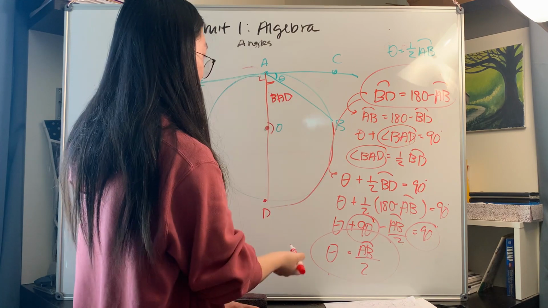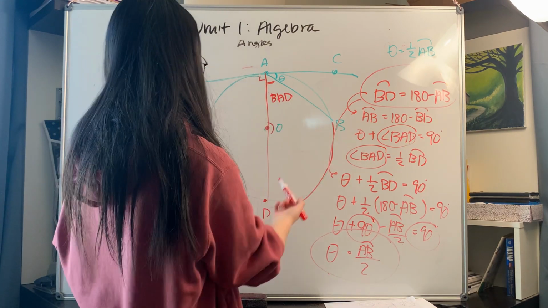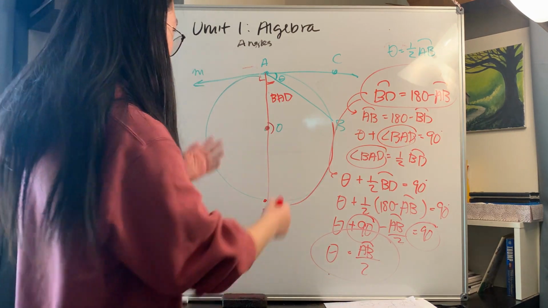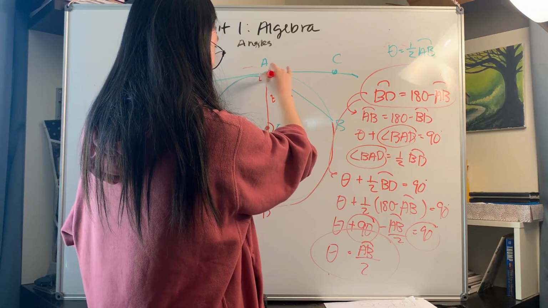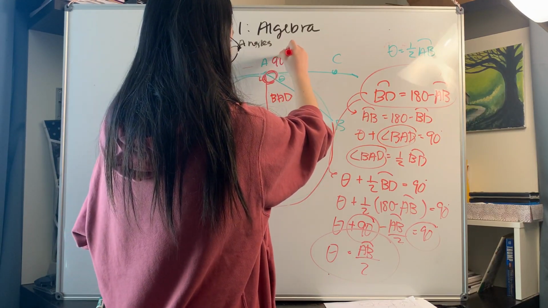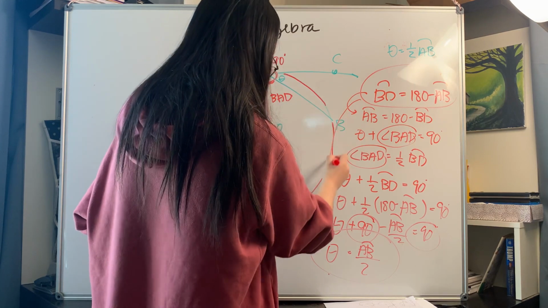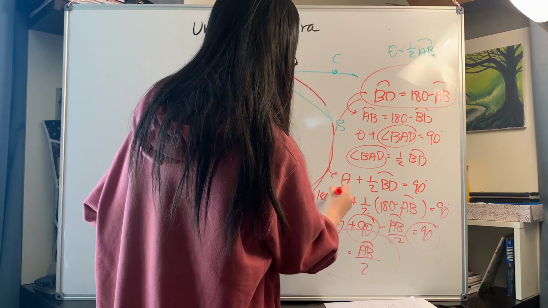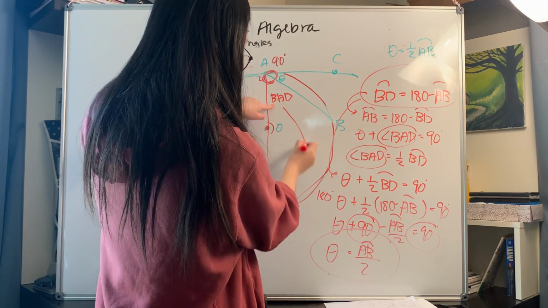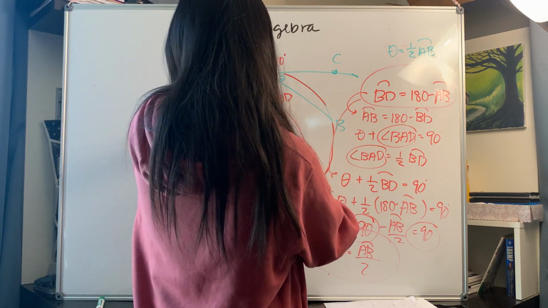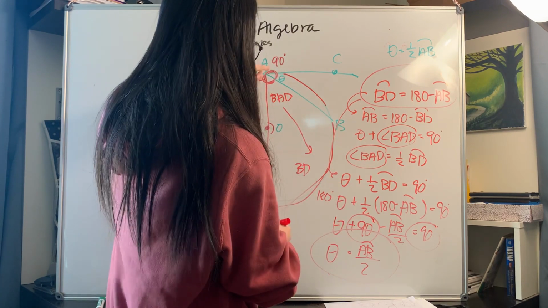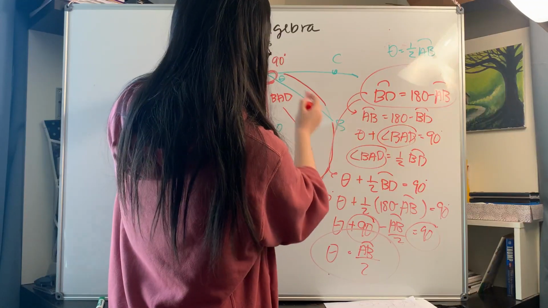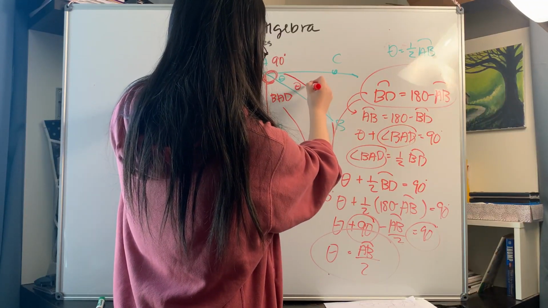And once you realize that these two angles here add up to 90 degrees, and this entire arc here adds up to 180 degrees, and once you reconcile BAD with arc BD, that means that arc AB must also be corresponding with theta.